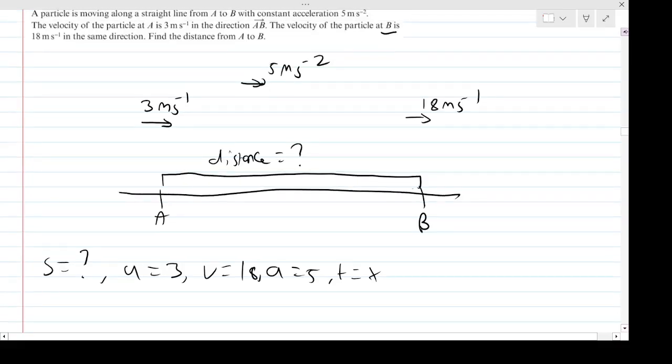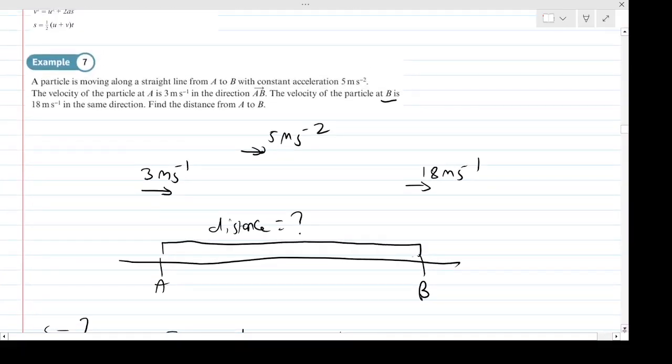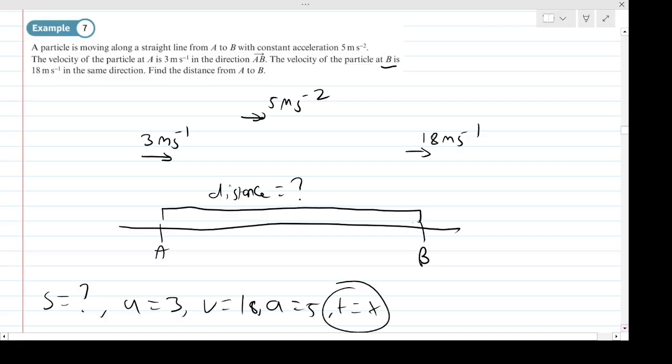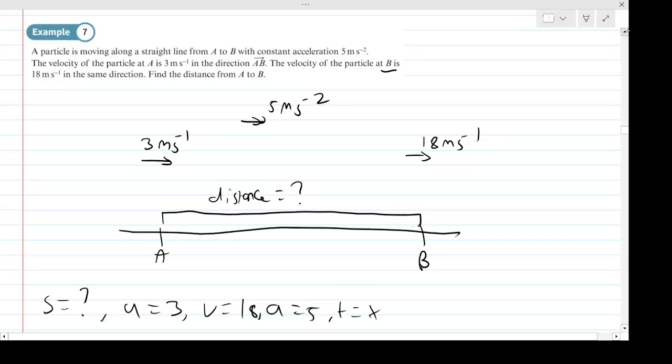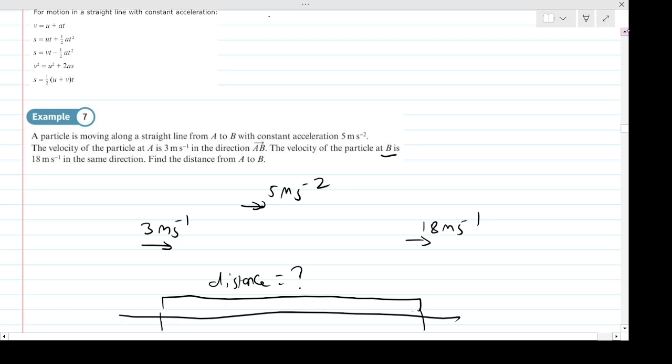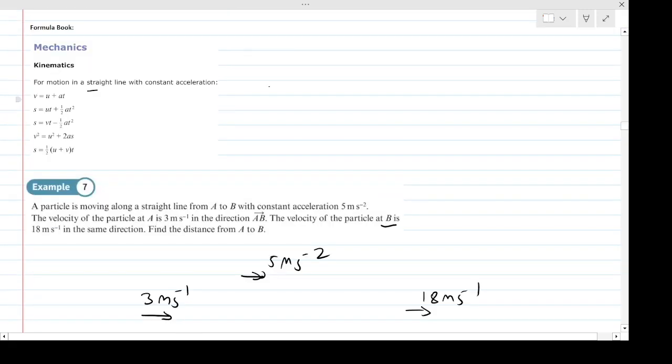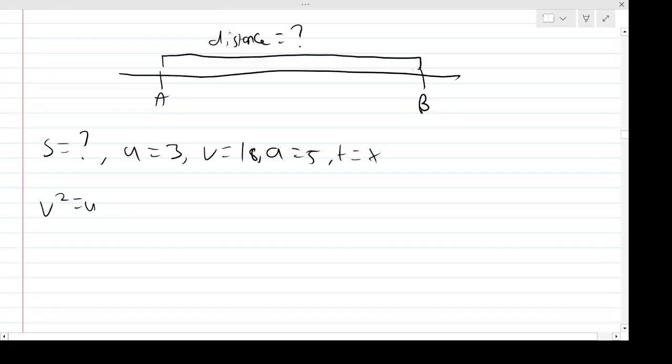So let's have a look at which formula I can use. Because I don't care about T, T's crossed off. I want the formula that does not involve T. Which one of these does not include T? This one here, V squared is U squared plus 2AS. And now you'll see why it's useful to work out the other formulas, because if we only used the 2 formulas we worked with last time, we'd have to do extra work, because we'd have to find T and then find S. But now we've worked out more formulas, we can just jump right to this.